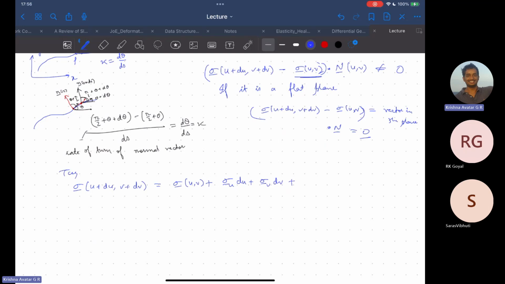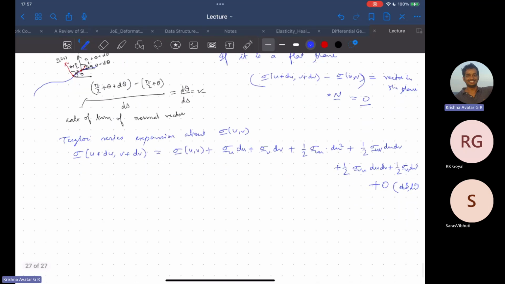We are just using the Taylor series expansion about sigma(u, v). Then we have the second order derivatives: half sigma uu du squared, plus half sigma uv du dv, plus half sigma vu du dv, plus half sigma vv dv squared, plus higher order terms, du cubed, dv cubed.